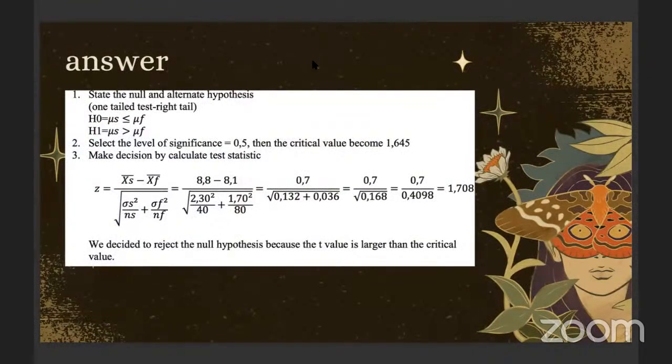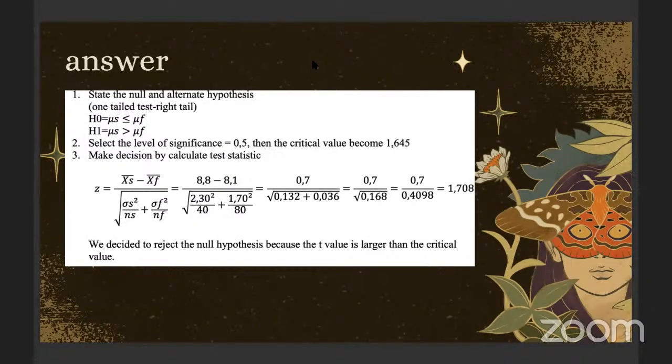So here's the answer. Firstly, we need to state the null and alternate hypotheses. The null hypothesis is mu s less than or equal to mu f, and the alternate hypothesis H1 is mu s bigger than mu f.